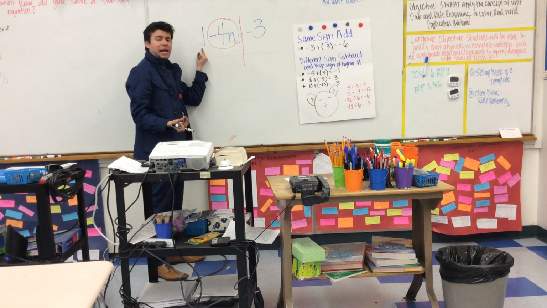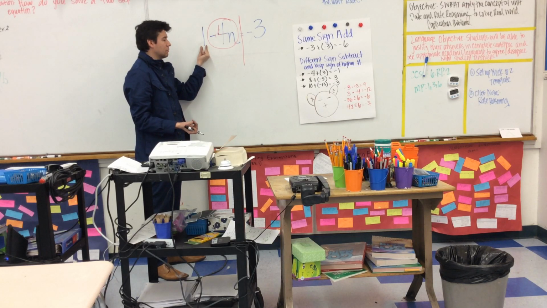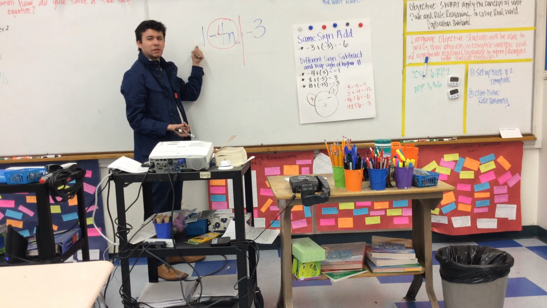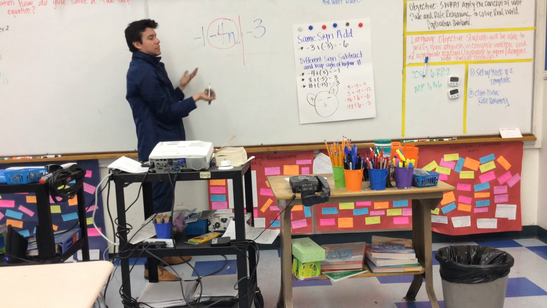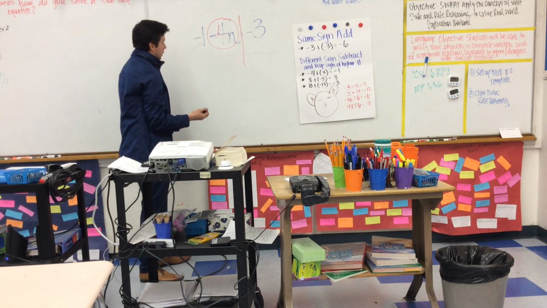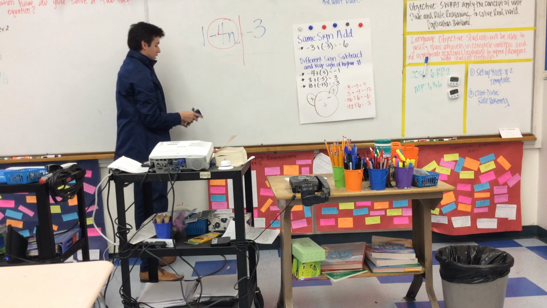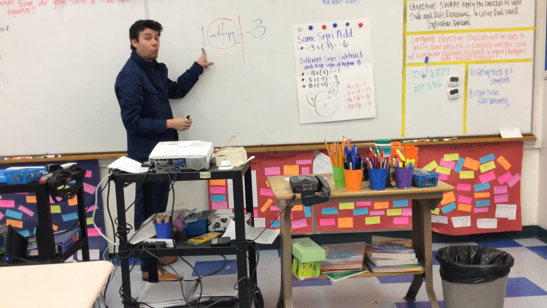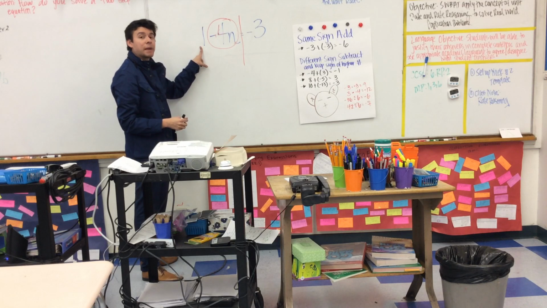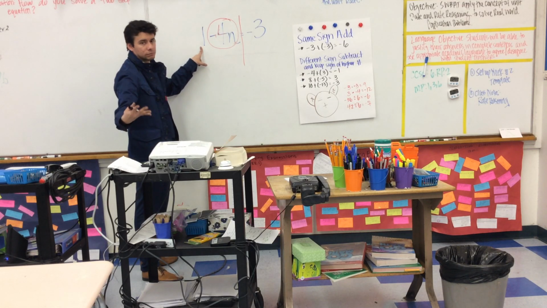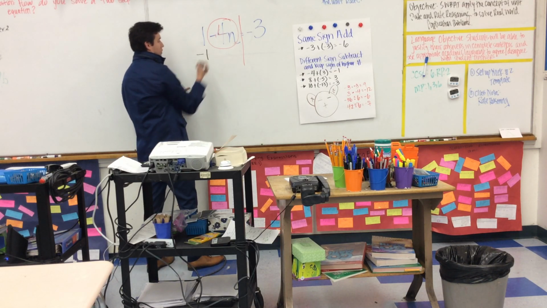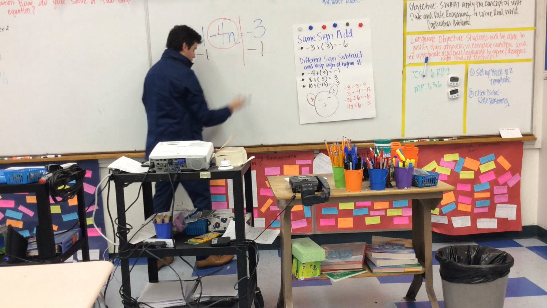It doesn't say it's minus or adding. Well, it doesn't have a sign. You assume it's positive. But if this was like this, then you'd say it's negative. But since it didn't have a sign, it's positive. So let's treat it as a positive 1. So what's the inverse of a positive 1? A negative 1. So minus 1.